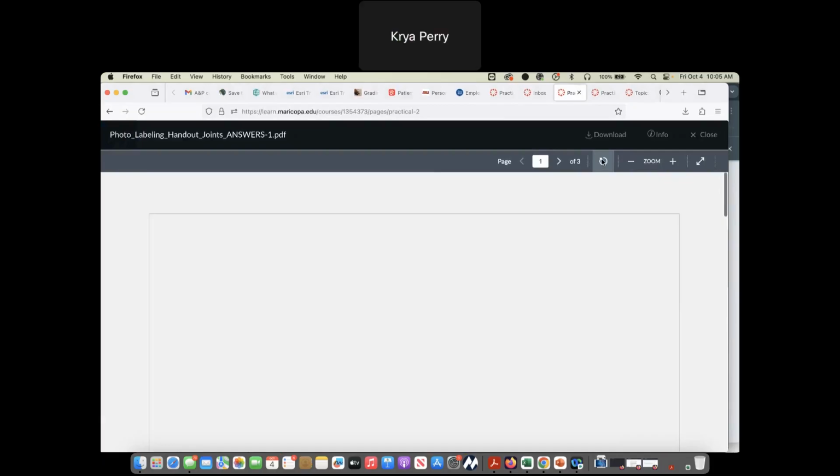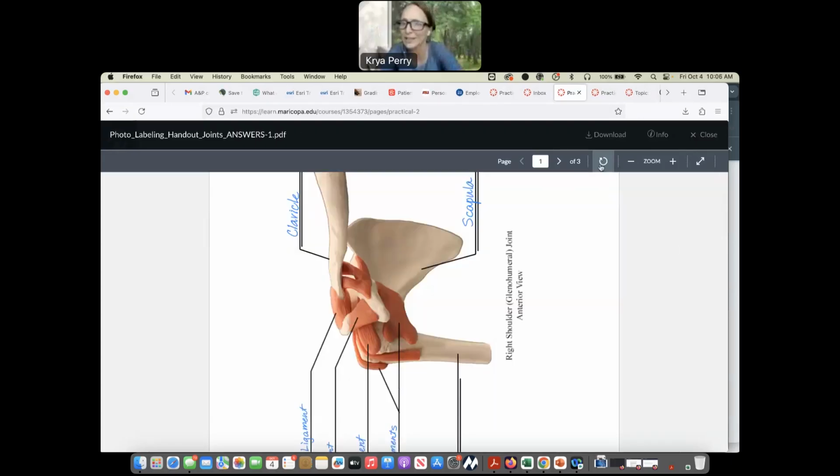Just use this rotate clockwise button, and it'll rotate the image clockwise for you, which is a nice feature when you're trying to learn the bones. It's already hard enough not having them in your hands, but having to rotate them makes it even more challenging. Initially, this is going to point you to some of the major bones, so you know which bones are involved here.